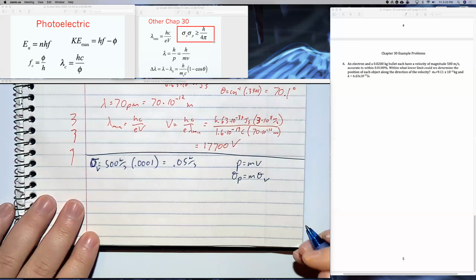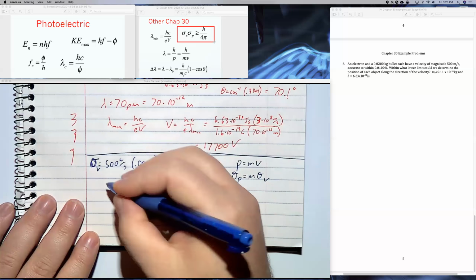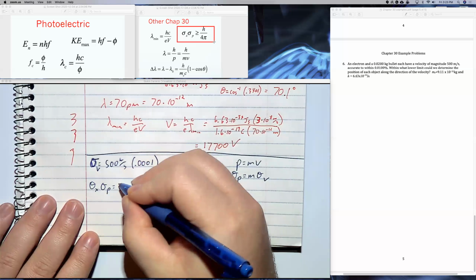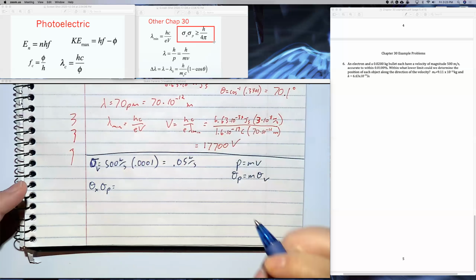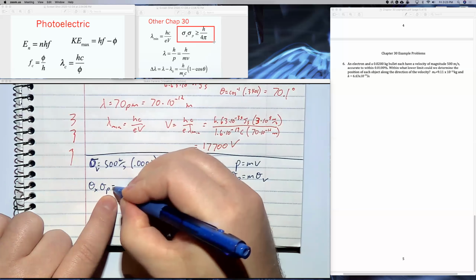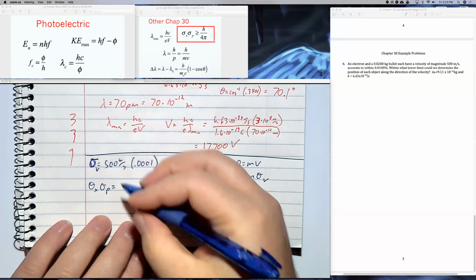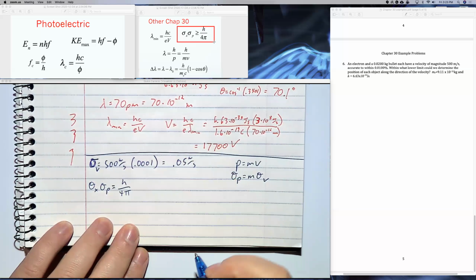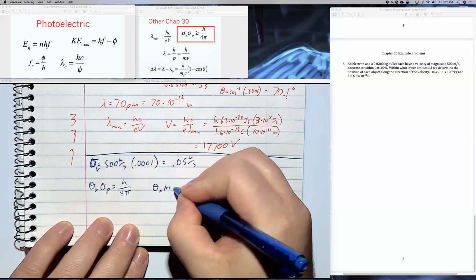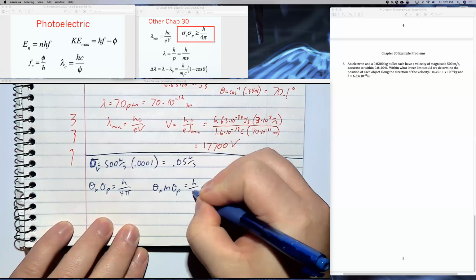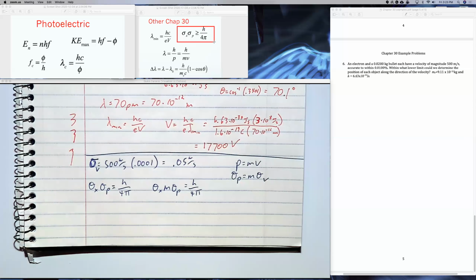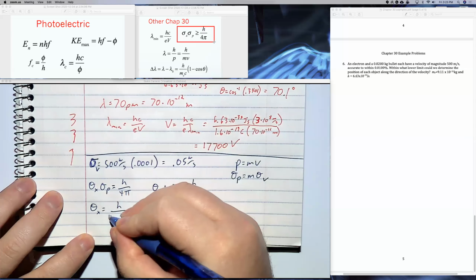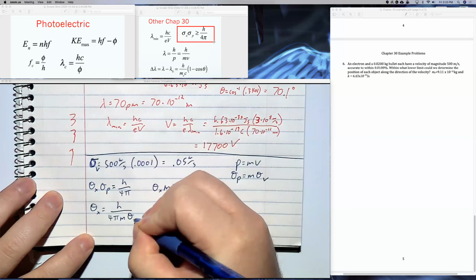And if I go back to my equation that I had boxed, sigma x sigma P is, well, we want the lower limit. If I want the lower limit, I'm going to set these equal instead of the inequality, because that's going to be the limit when they're equal. H over 4 pi. That means sigma x m sigma v equals h over 4 pi. And if I want the uncertainty in position, the uncertainty in position is going to be h over 4 pi m sigma v.